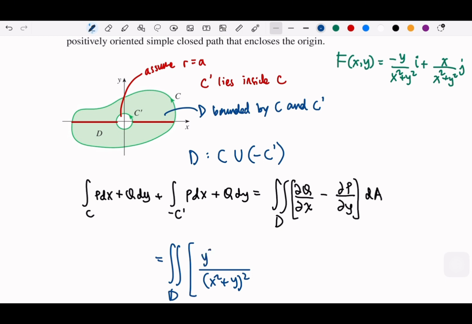Okay, the result is this, and then for P we do the same thing.